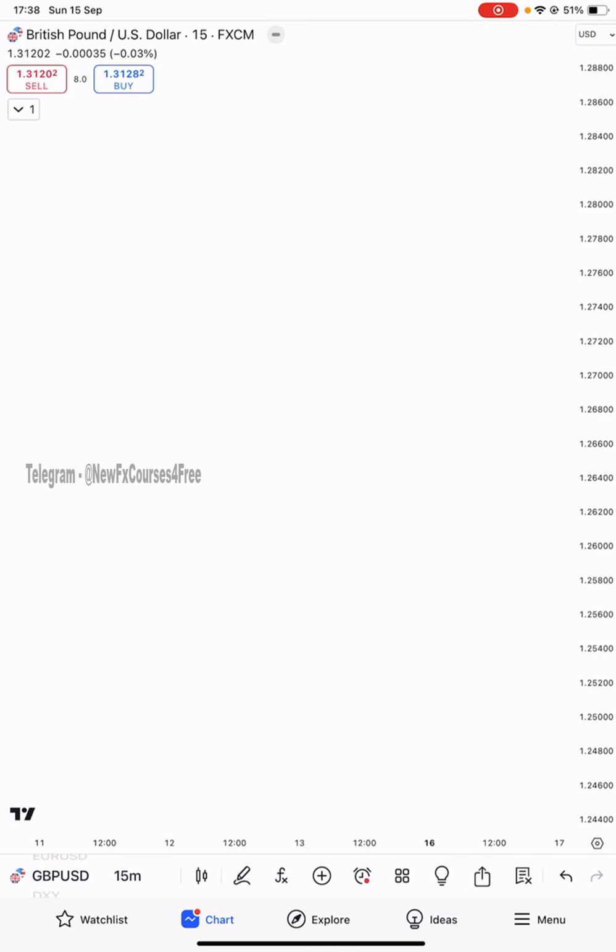So, for this model, you need to wait. First of all, develop a weekly bias, weekly expectation. So, weekly directional bias, and yeah, same thing. Once you have developed that, you stick to that and you wait for the high or low of the week to form.